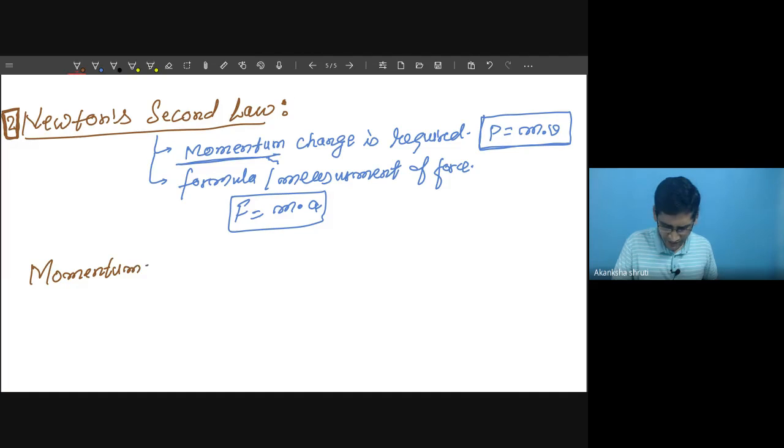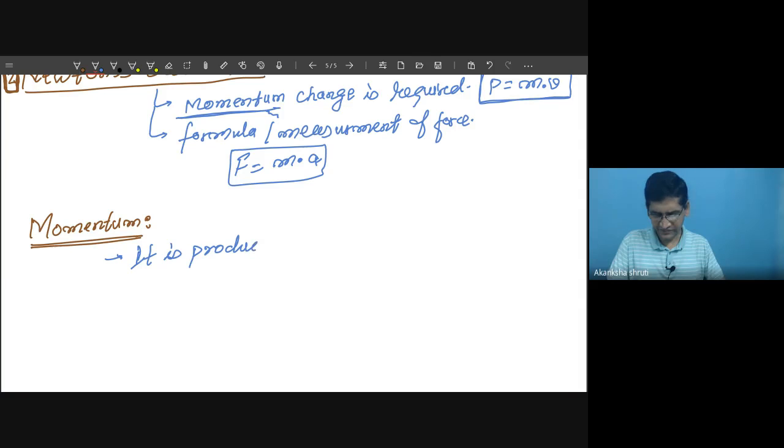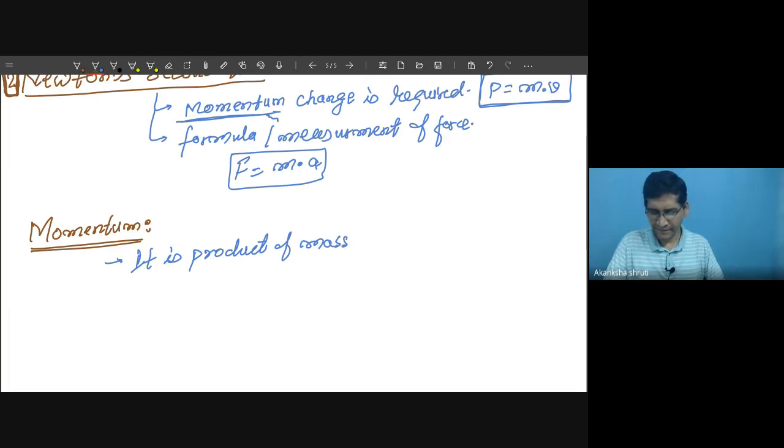Students, momentum is also very important. It is also asked. Momentum, like speed and velocity, is a new quantity in physics, which is the product of the mass of a body and its velocity.